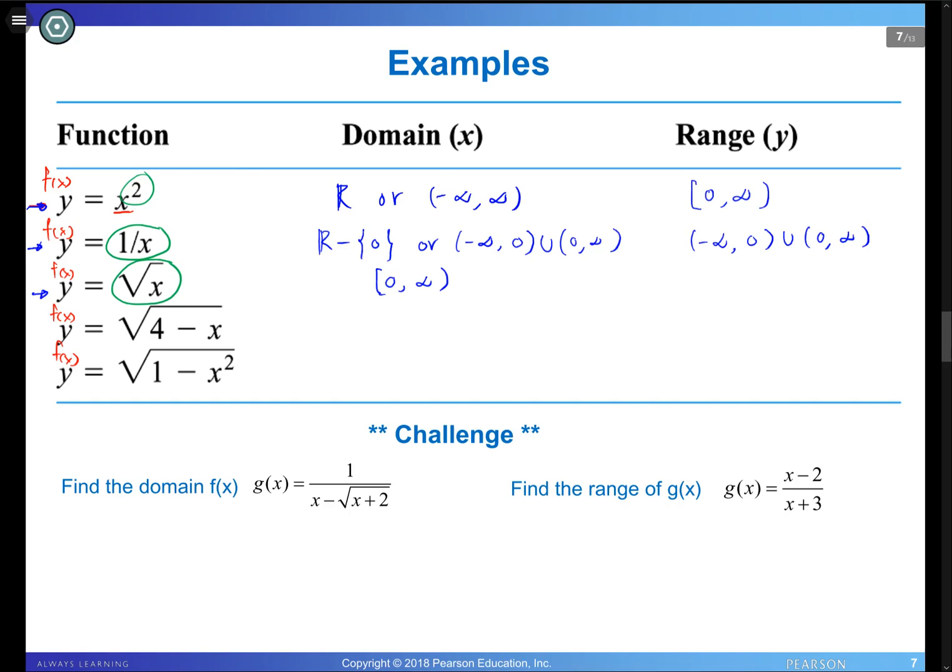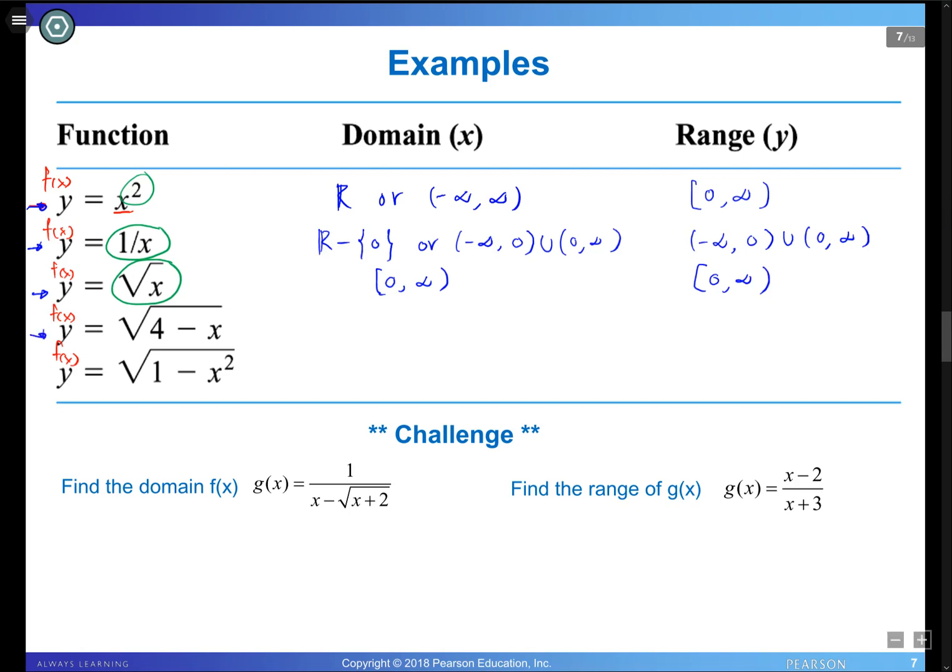Can y be something really big? Of course, if x is really, really big, y is still big. So y can be anything except a negative number. The range of this is going to be from 0 to infinity, anything except negative numbers. That's quick, right? Okay, let's move to the next one.